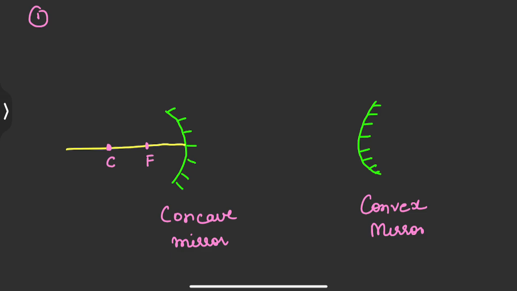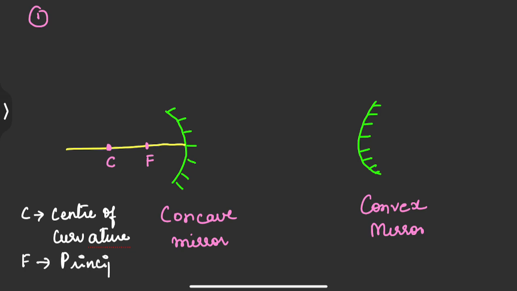So C is nothing but center of curvature, and F is called principal focus.